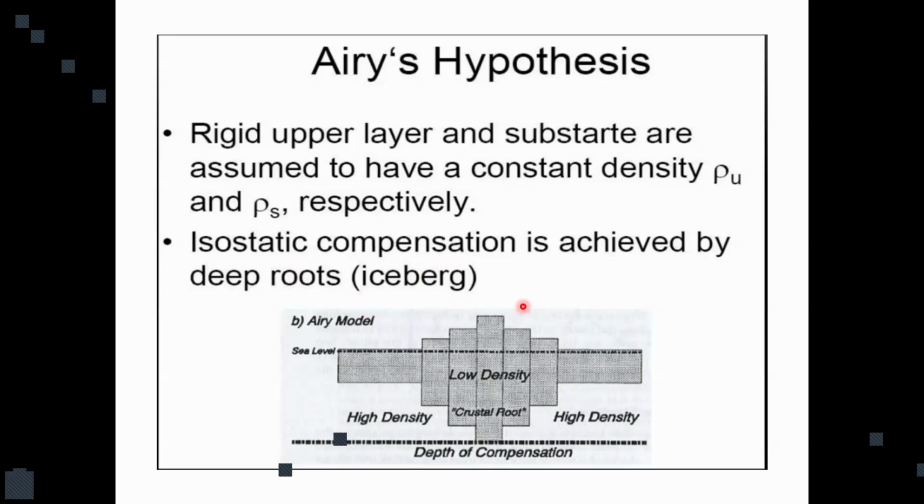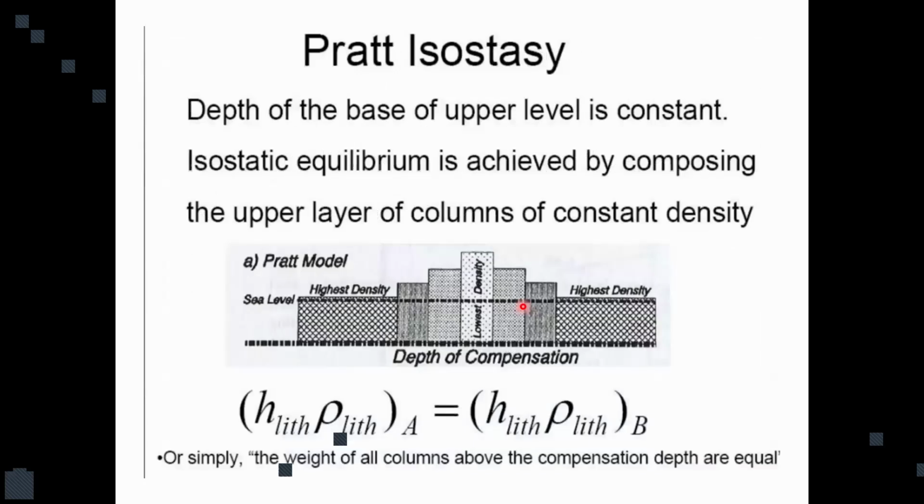What you are seeing on the surface is just one part of it. The Pratt model is saying the depth of the base of the upper level is constant. This is the base. Isostatic equilibrium is achieved by composing the upper layer of columns of constant density. Each of these columns has different density.